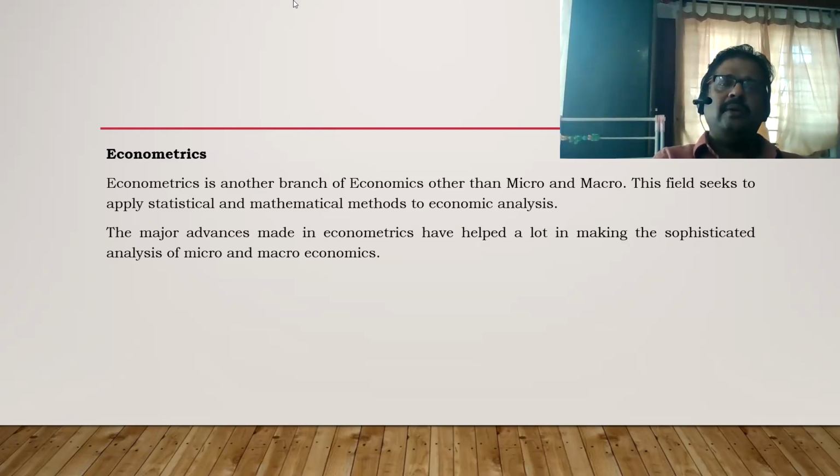But in order to understand the complex features of economics, we have to make a model. And in economics, we make the model only on the basis of mathematical equations and inequalities. One such important model is linear programming.